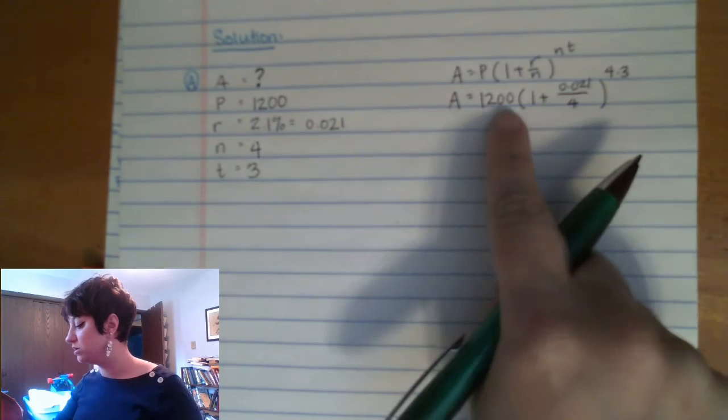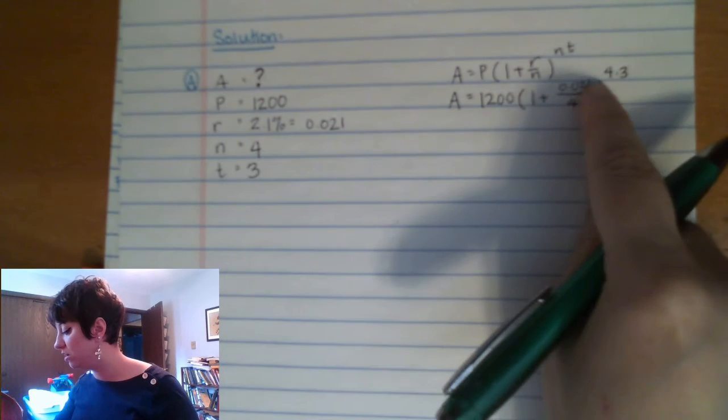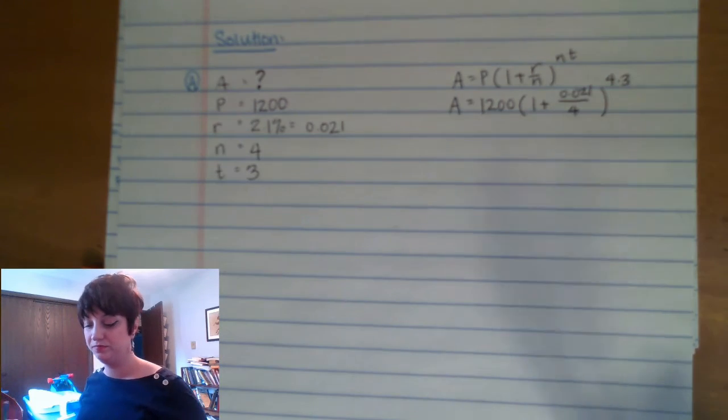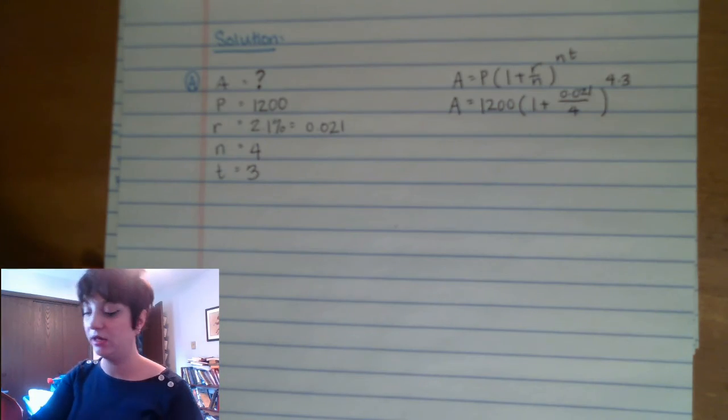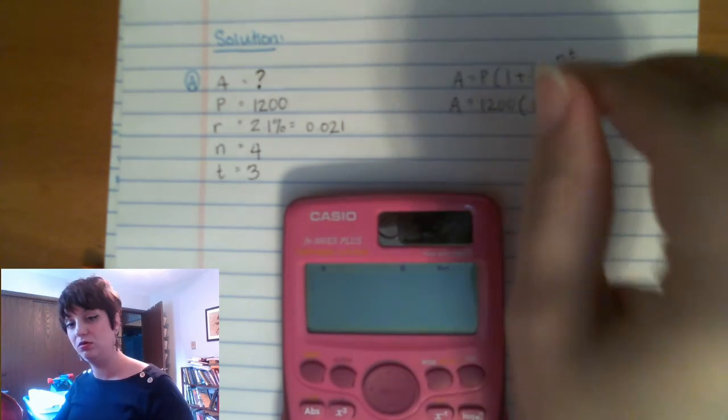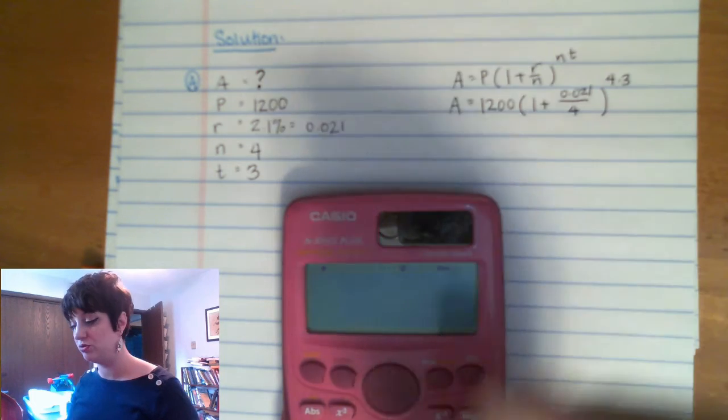All right, so A equals P times 1 plus R over N, to the N times T. Depending on the calculator you have, it may be better to simplify this, or it may be better to just type it in as you have it.